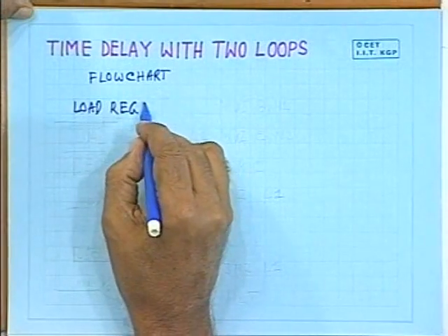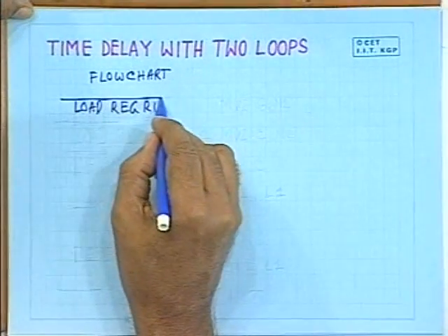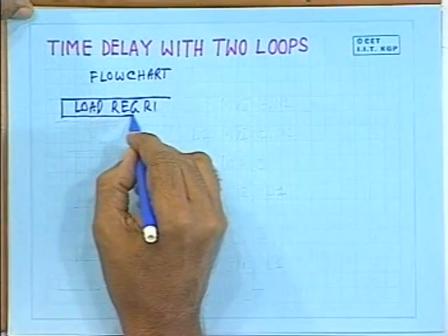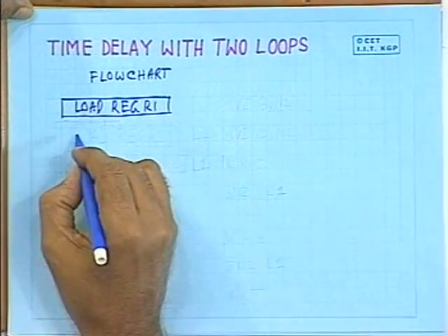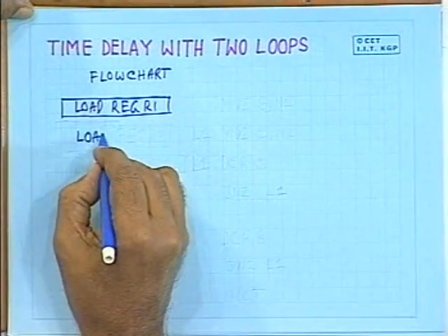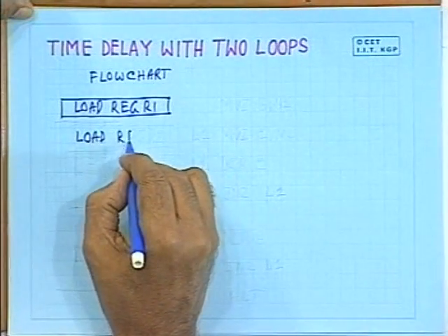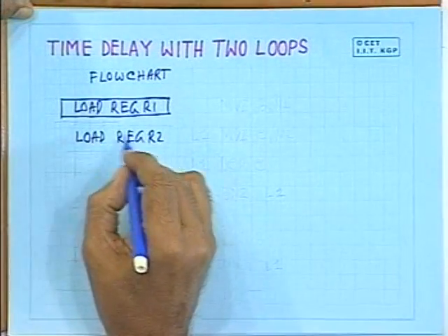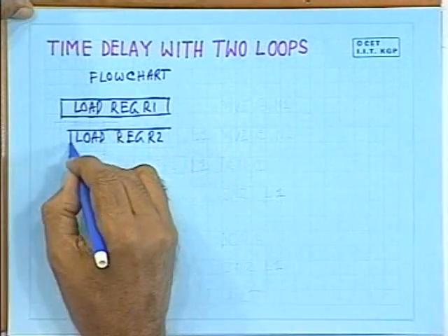Load register R1. Here you are initializing a register with the value R1. You are initializing another register R2 with some other value.